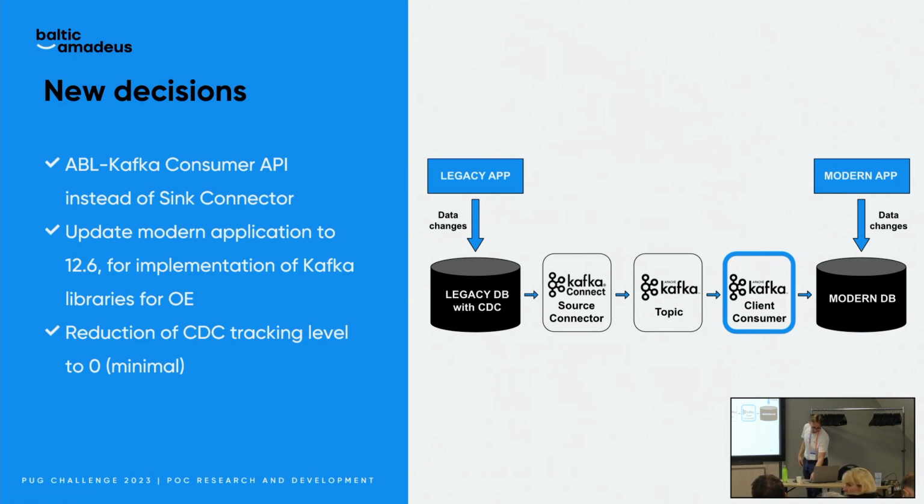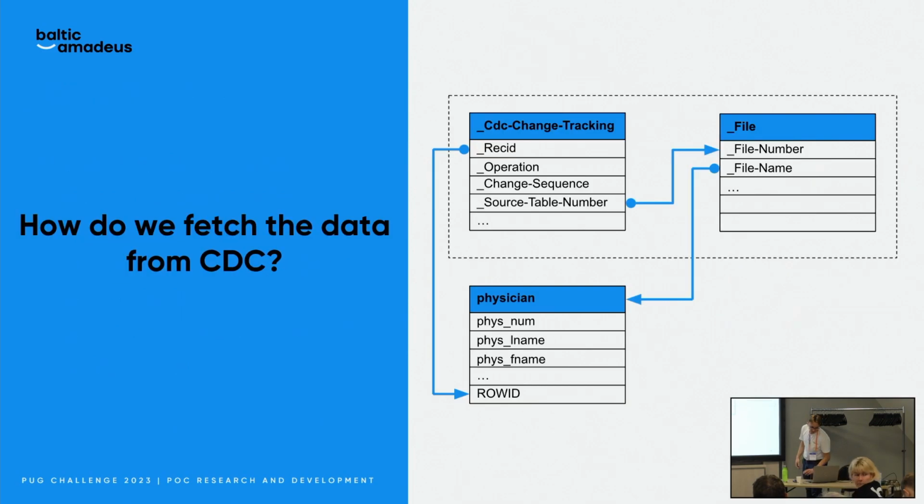Now, if we would move on, this is a really brief example. How do we fetch data from CDC? So we have two systematic tables or schema tables, however you want to call it. And we have the CDC change tracking and the underscore file table.